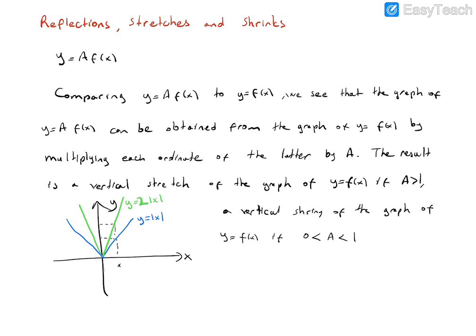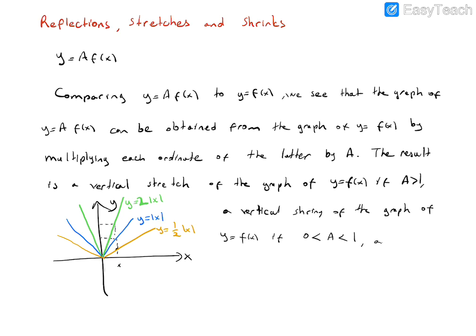So in this case, for example, you multiply by 1 over 2. You can observe these are x over 2 values. It passes through this point. So we have this graph: y equals 1 over 2 absolute value of x. So this is the vertical shrink case.